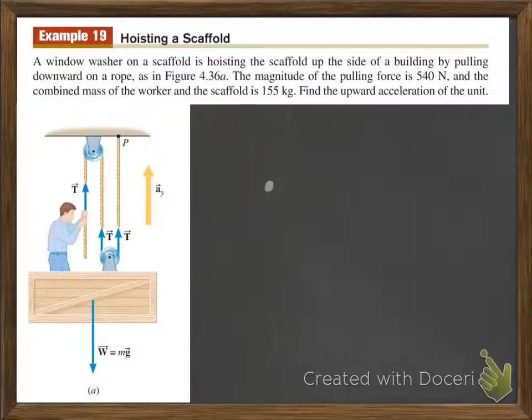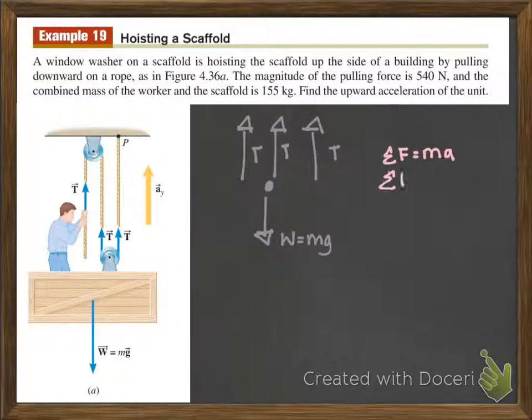So first, let's draw the free body diagram. We have 3 tensions pulling upward with the same force, and the weight is equal to mg. We know their mass is 155 kilograms, so we can figure that out. Now we know that the force is equal to the mass times acceleration, where the force is the addition of all forces as well.